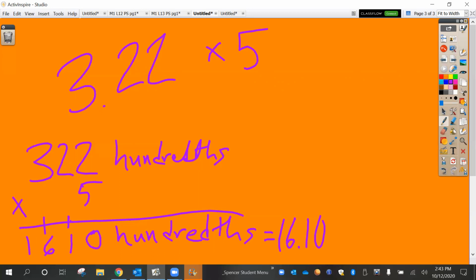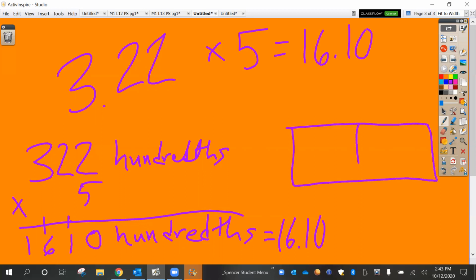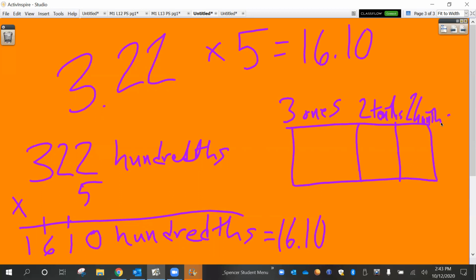Great. Let's see if we get the same answer when we do the area model. So I have 3 ones, right? 2/10, and then 2 hundredths. Let me get this out of the way. And multiplying that by 5. 5 times 3 ones is 15 ones. 5 times 2 tenths is 10 tenths.